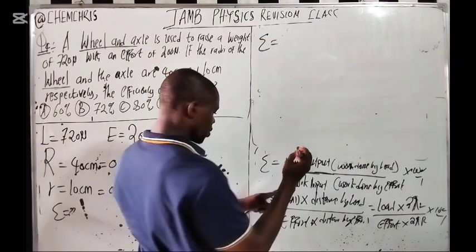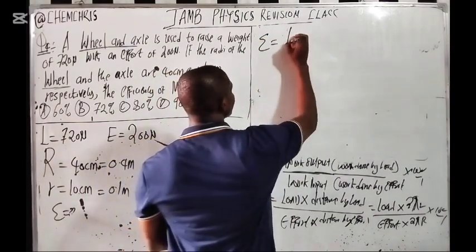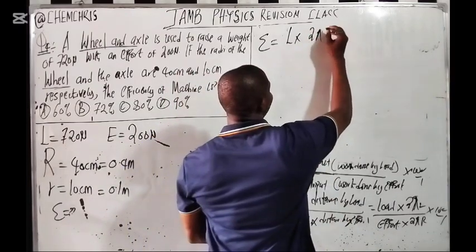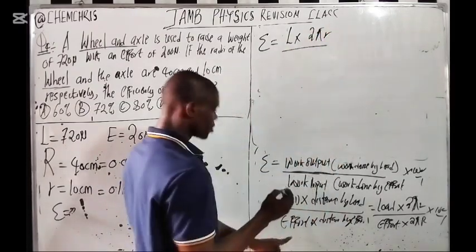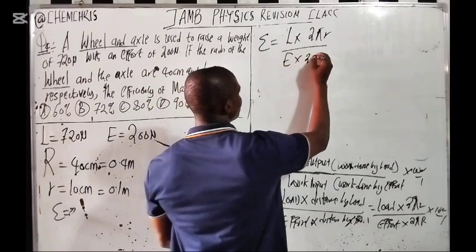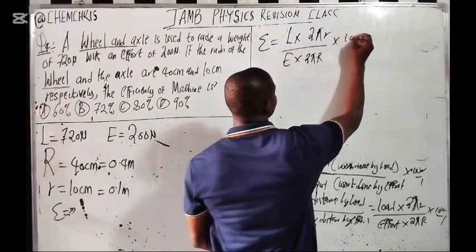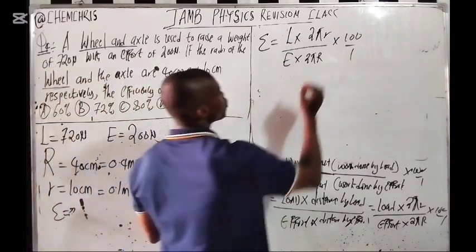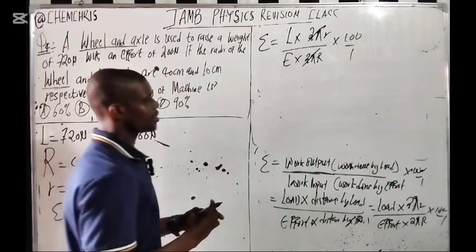Efficiency is equal to the load times 2 pi r, over effort E times 2 pi R, times 100 over 1. That is it. You can cancel the 2 pi here because they're the same.